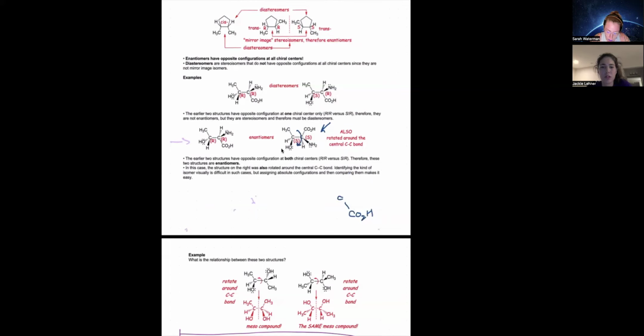But then I thought the NH2 was going to become a dash and the H would be a wedge. It does, but that doesn't change the stereochemistry. Wait, how do you know that? Because it's still in the same orientation. The stereochemistry has to do with the orientation around that molecule.